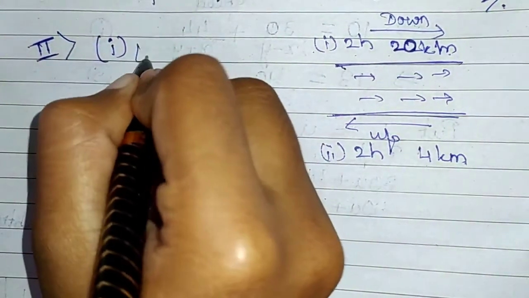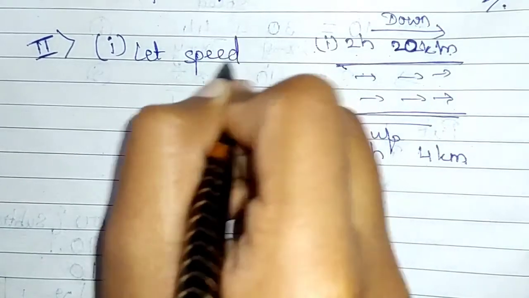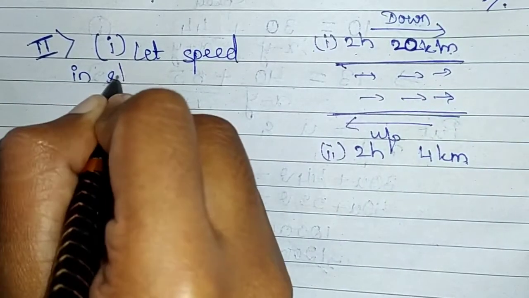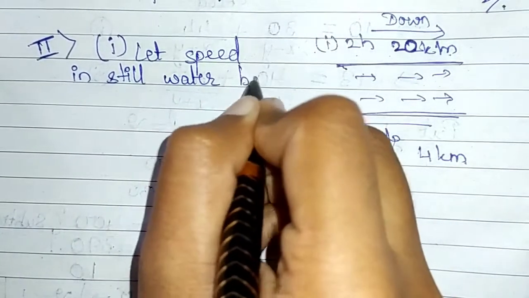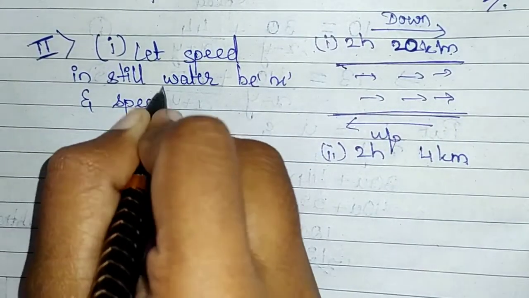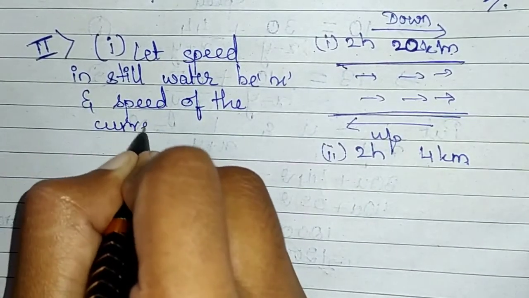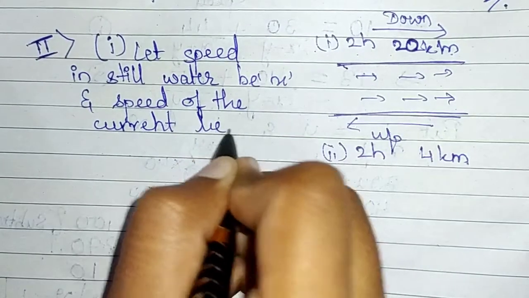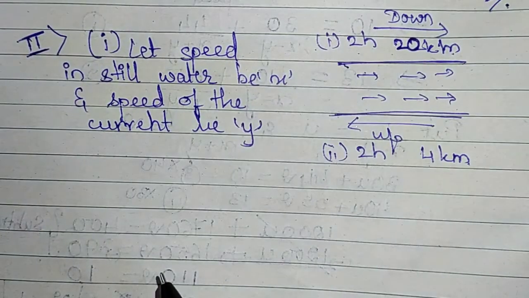So let the speed in still water be x and the speed of the current or the water be y. Alright, so now we have two situations.